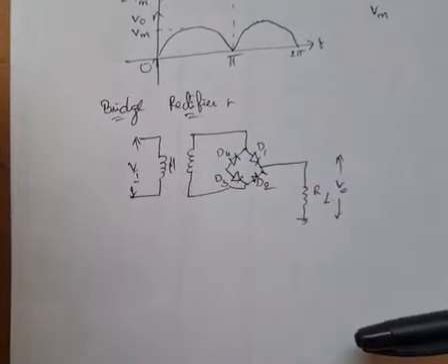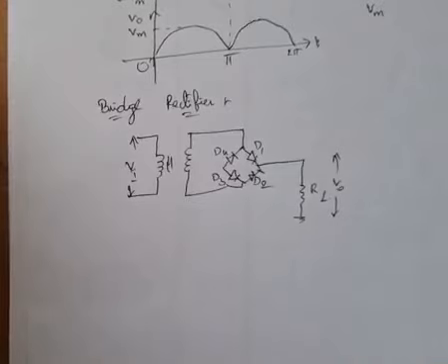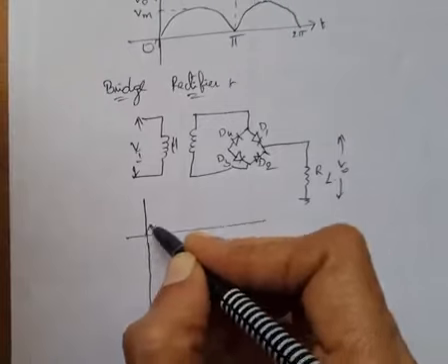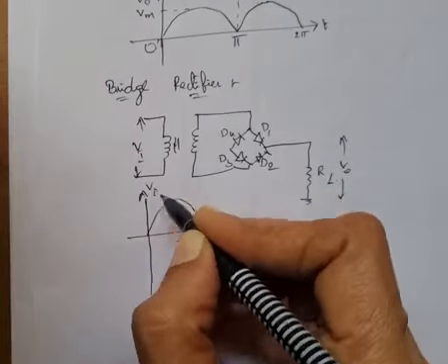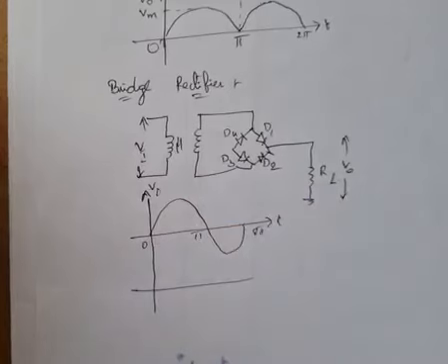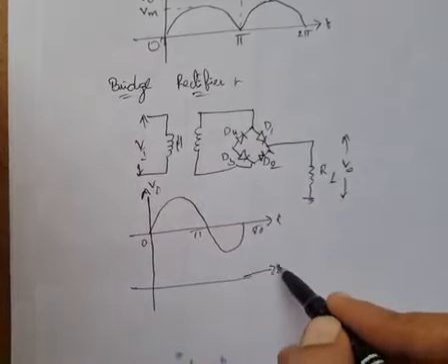In the bridge rectifier, the same sinusoidal waveform VI appears: 0, pi, 2 pi, over time t.